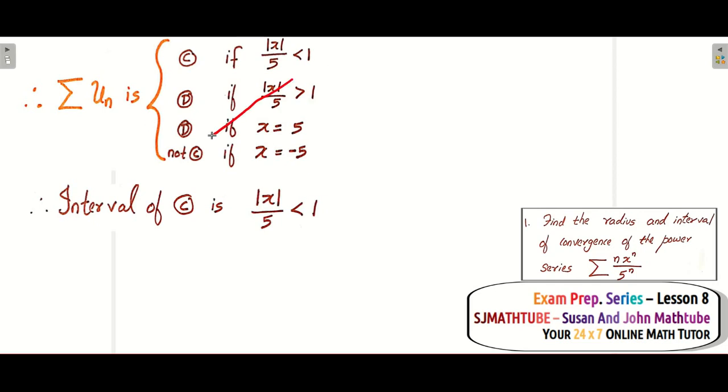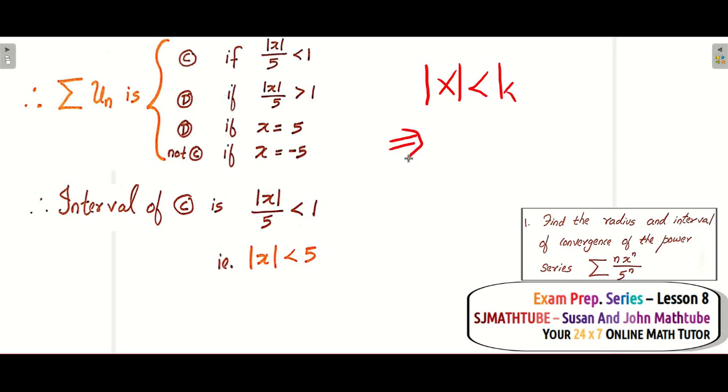I'm not interested in any of these things because it tells me divergent, divergent, not convergent. But my question is find the radius and interval of convergence. Okay, so I'll focus on this. So this is exactly my interval. And that is okay. I hope in your younger classes you might have studied this.